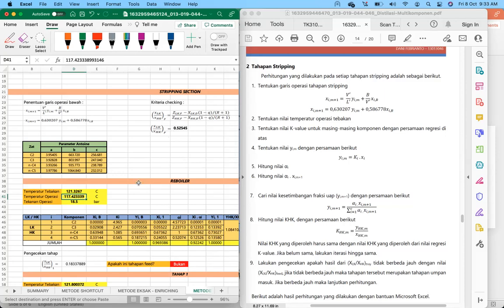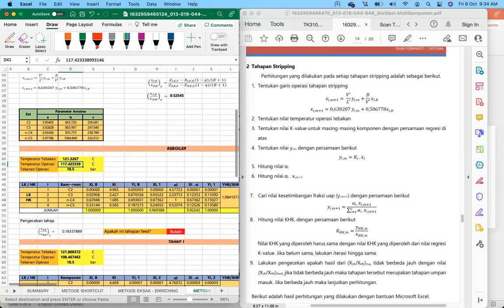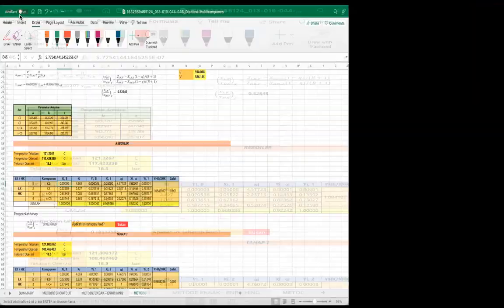Okay, so we're going to start from the bottom. So because we assume that, here they write stage 1 but from the bottom. So first is the reboiler again, because we know the XB, so yeah, to here.